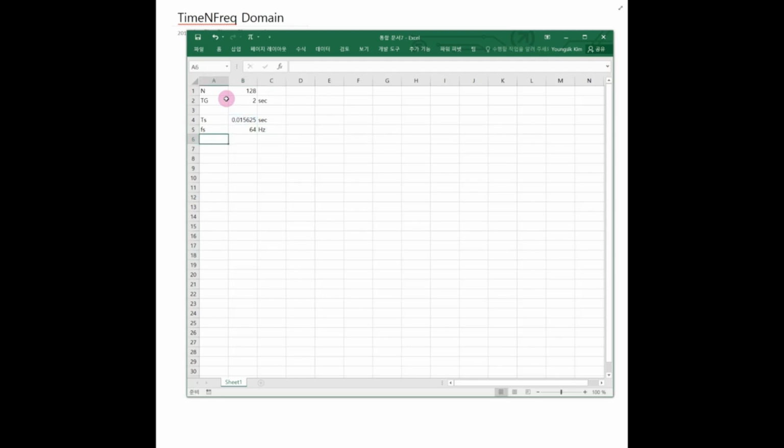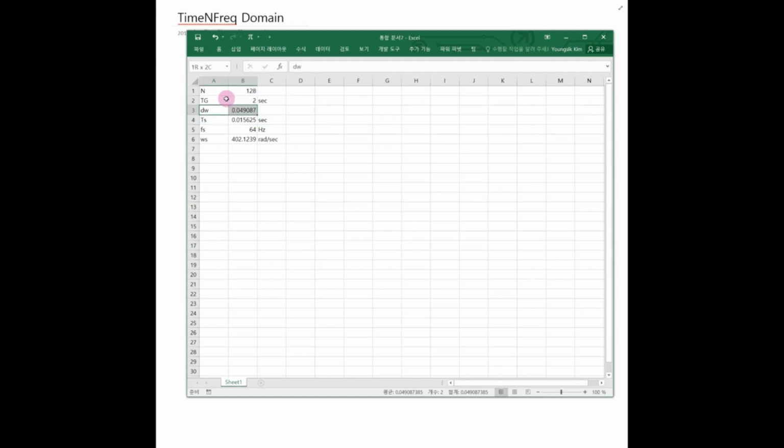Okay, and the sampling frequency in radian angle is 2 times pi times this one. So this one is radian per second. This is the unit for the omega s. At this moment, the number of samples is N, so the frequency step d omega is 2 pi over the number of sample points.